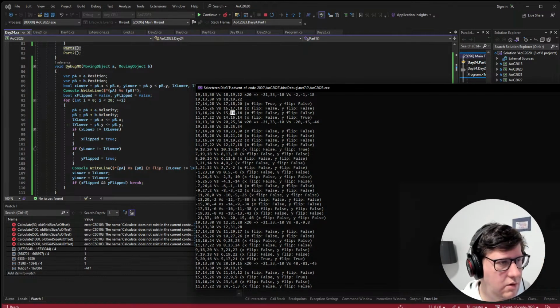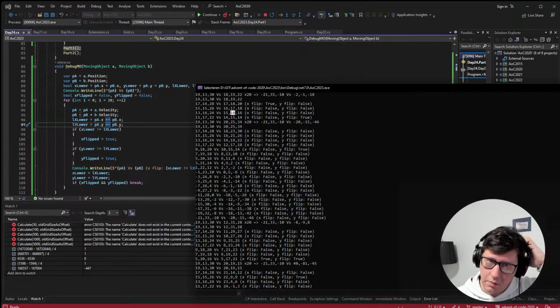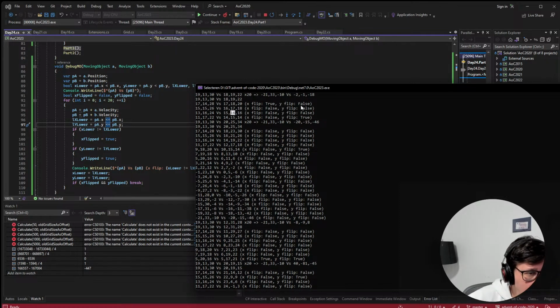It depends on where it came from, because they were already lower. Okay, so this is not ideal to detect it, because depending on whether they started out higher or not, this should be the other way around, but fine. It's detecting the crossover, that it at least happens.